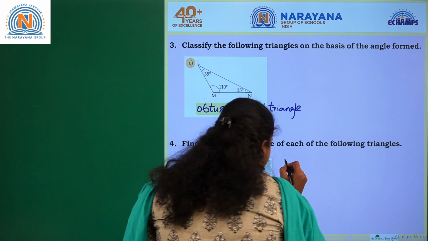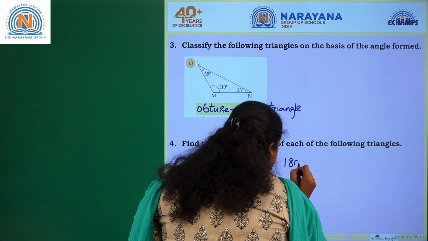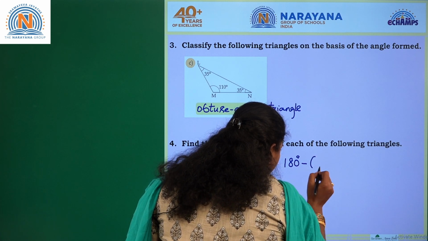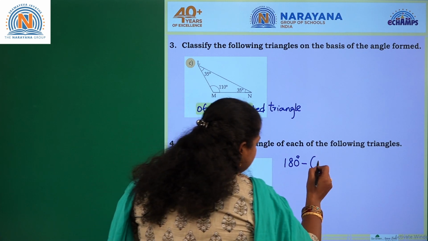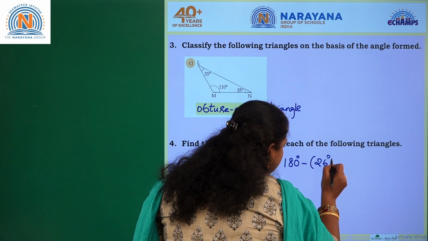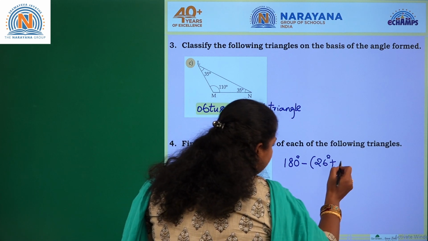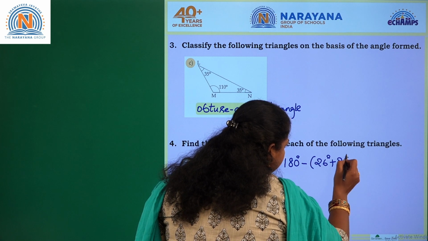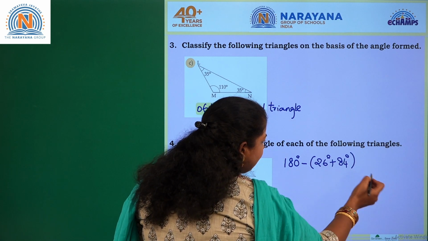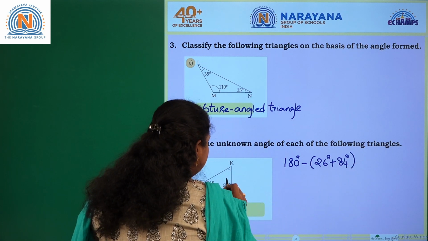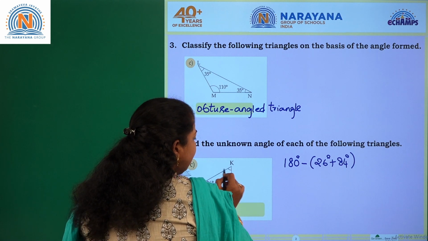So, you have to subtract 180 degrees minus the sum of the given two angles, 26 degrees plus 84 degrees. Then you will get the unknown angle, that is the required angle at K.